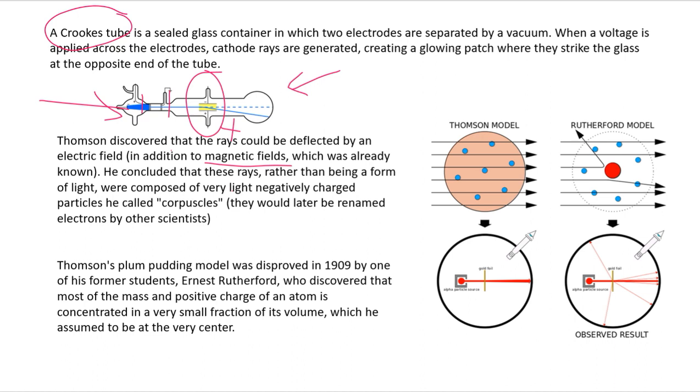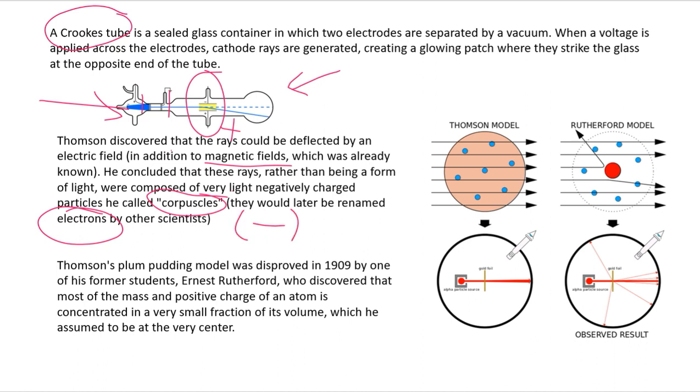Then it gives us an idea that these particles were negative. He called these particles corpuscles. But afterward, the scientists agreed that the name was electron, and you know that the charge is negative.